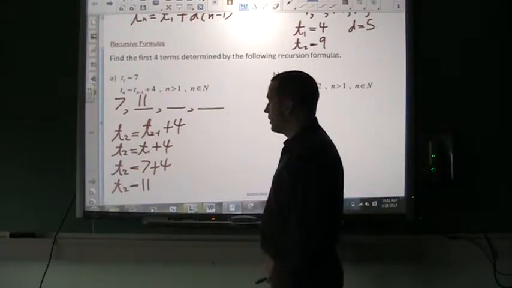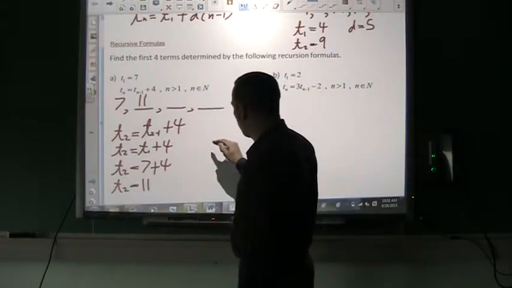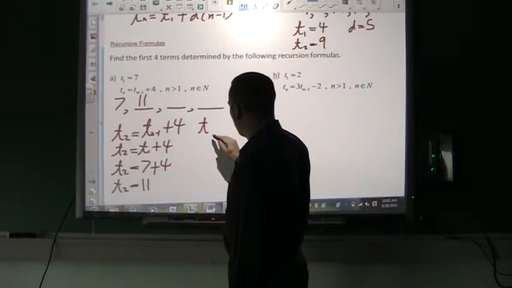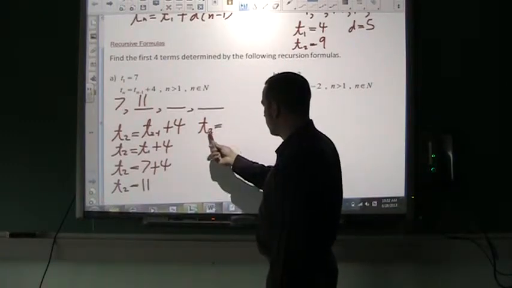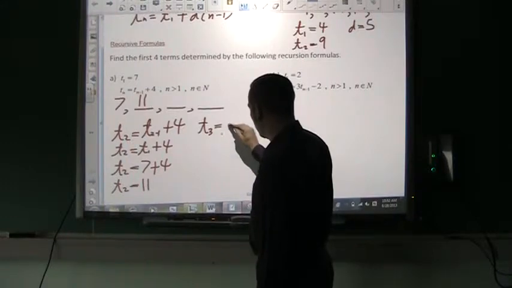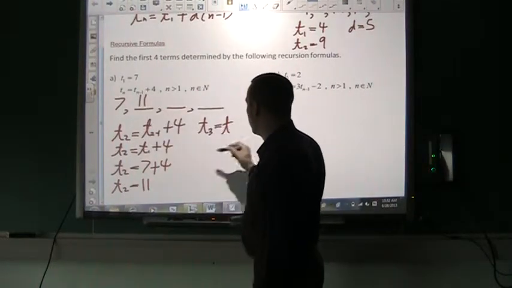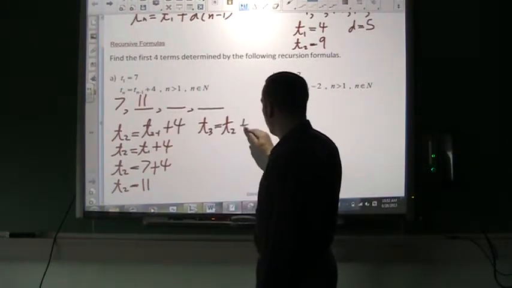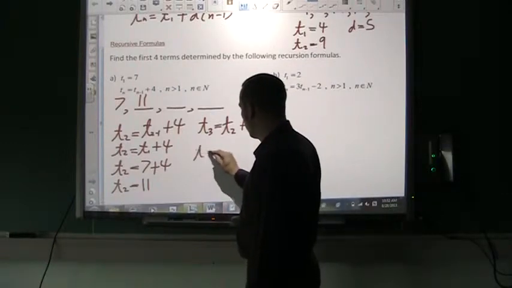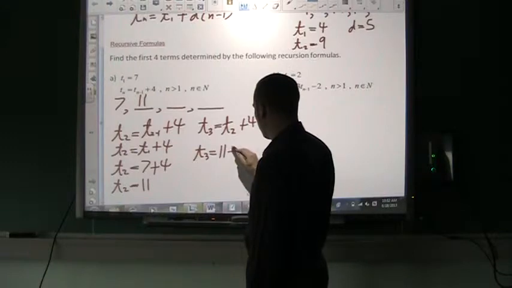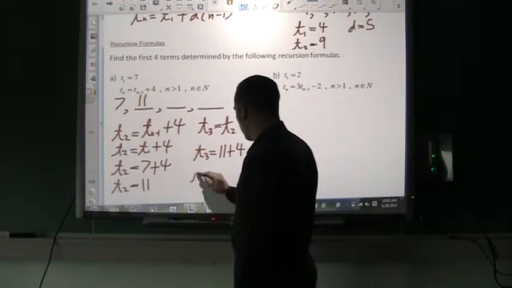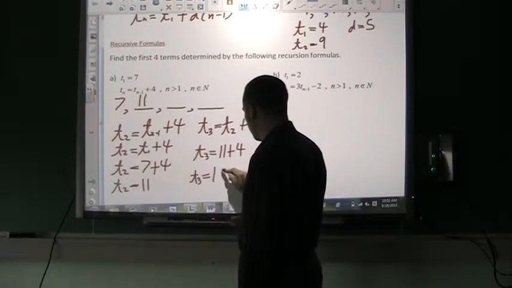As soon as I see that, I could keep on going through the same pattern. You would quickly figure out that in order to get the next term, T3, I would take the previous term, n minus 1, and add 4. So my T2 was 11, so 11 plus 4, my third term is 15.